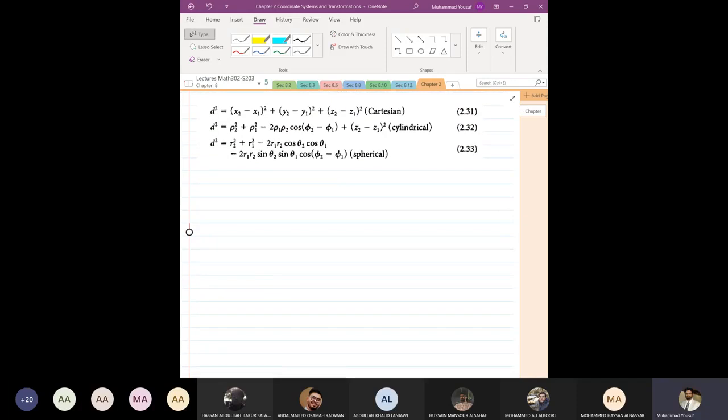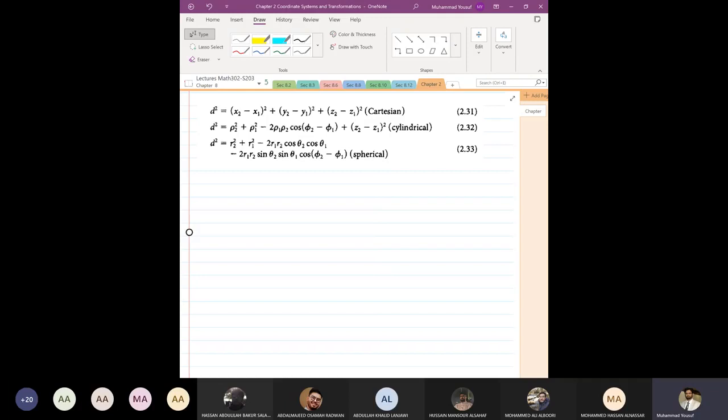So this was one more thing we need to do. We did one complete example yesterday. There are some practice problems similar to what we have done. Yani what type of questions you will see for this chapter? A point is given in one coordinate system, you need to convert it into other coordinate systems.